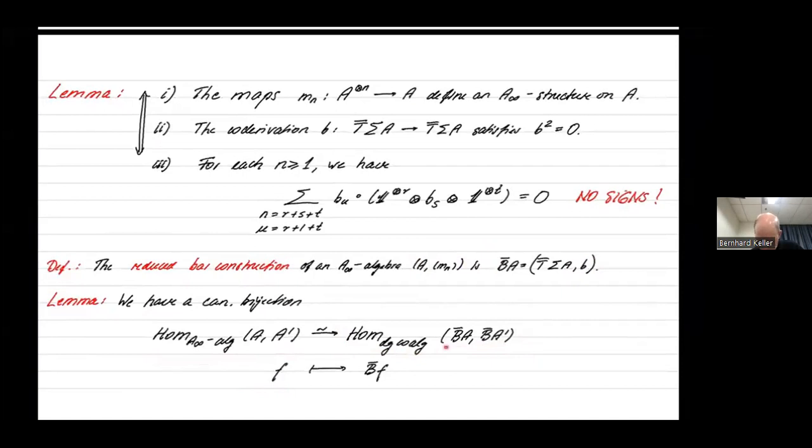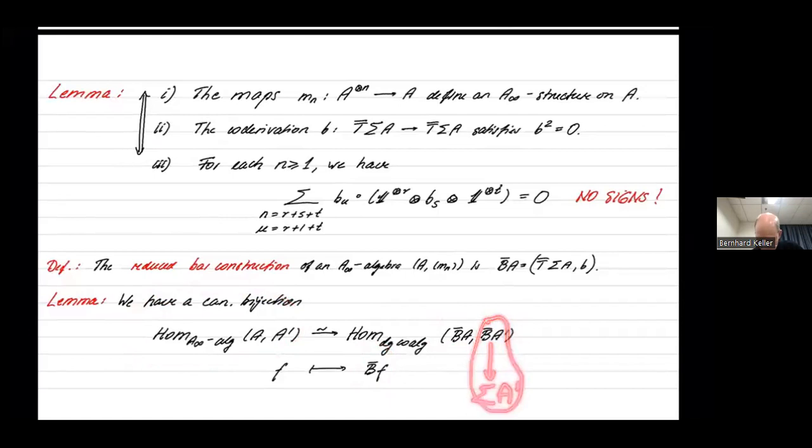So we look again at morphisms of differential graded coalgebras between these two reduced bar constructions, and they are in bijection with these families. The bijection is given by taking such a morphism and composing with the projection onto sigma A prime, the projection onto the co-generators.